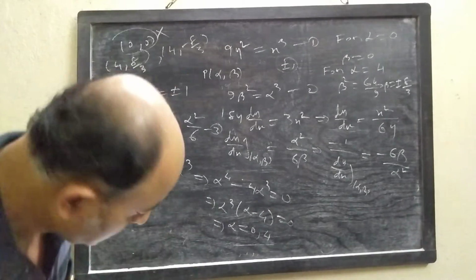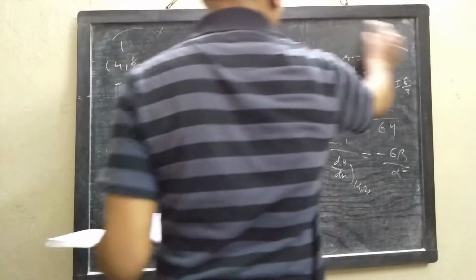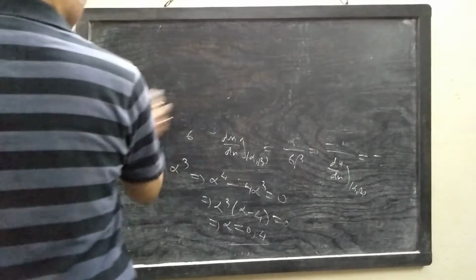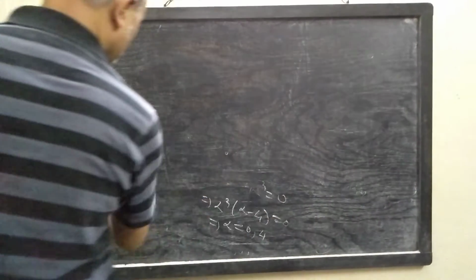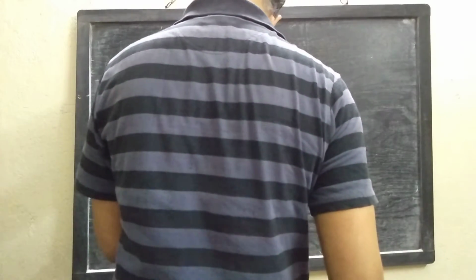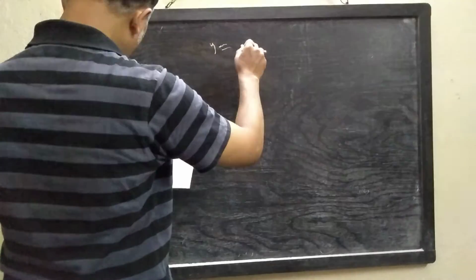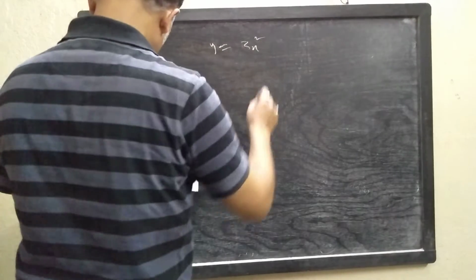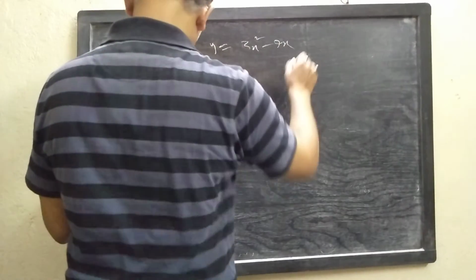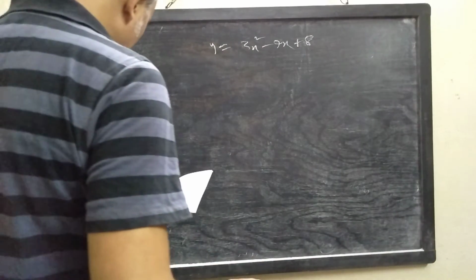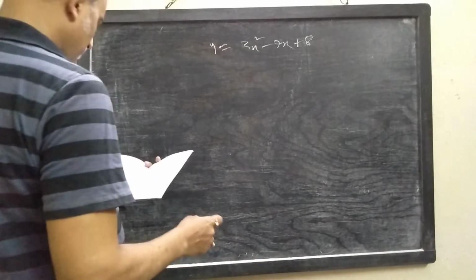So take a similar problem as one more. Find the points on the curve y equals 3x square minus 9x plus 8 at which the tangents are equally inclined to the axes.